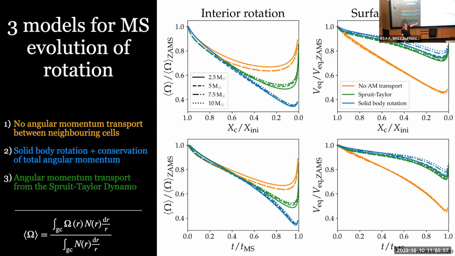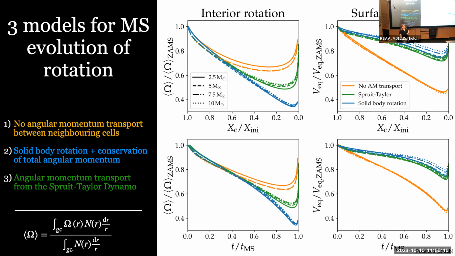So the two cases are no angular momentum transport and effectively solid body rotation, which is a very efficient angular momentum transport scenario. Okay, but in those scenarios, the orange and the blue aren't sensitive to the initial value of omega ZAMS?